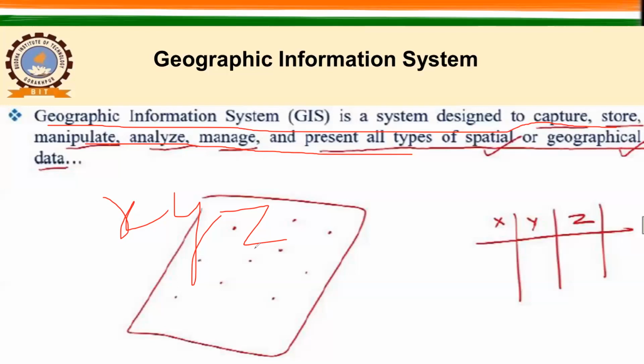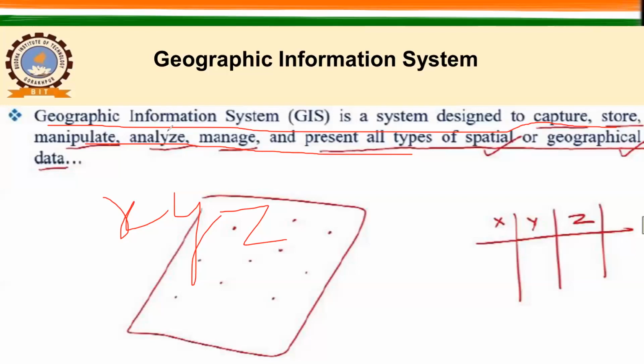If you know that place, it will be very easy to locate it in your map, where exactly you have collected or measured these parameters. Okay? So this is the benefit of using GIS for your attribute data.